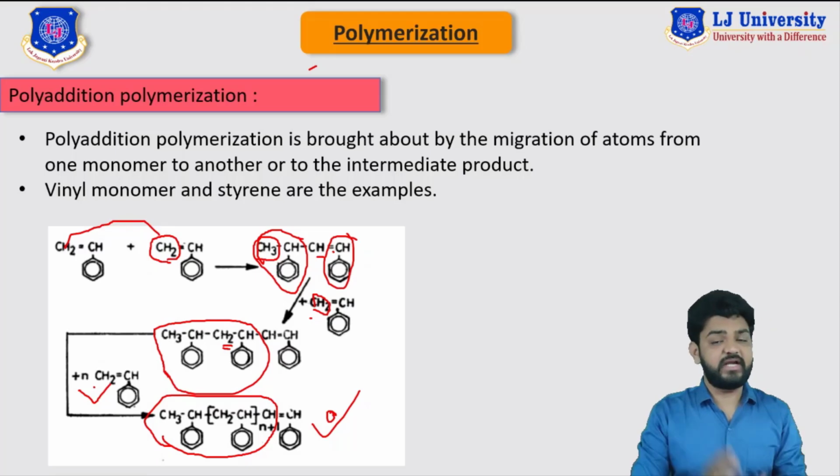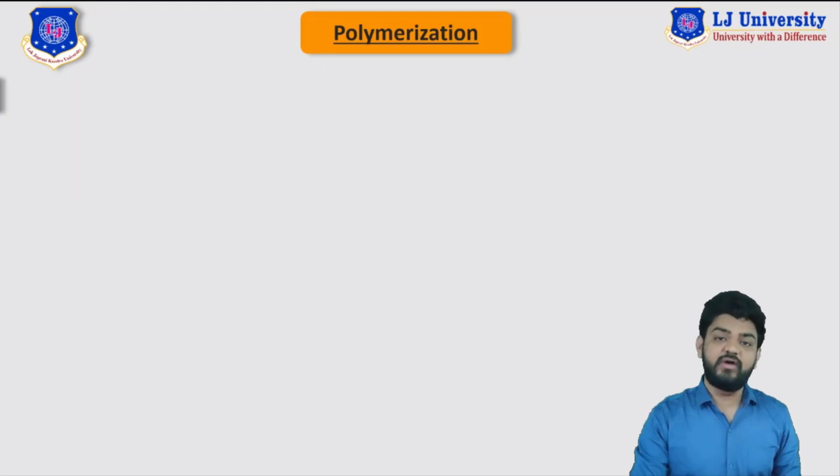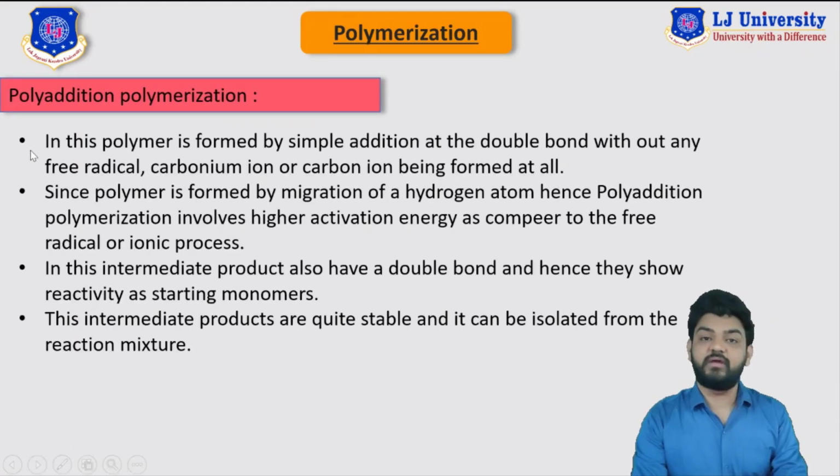So now let's understand some important key features of this addition polymerization technique. As you can see on the screen, the polymer is formed by simple addition at the double bond without any free radical, carbonium ion or carbanion being formed at all.